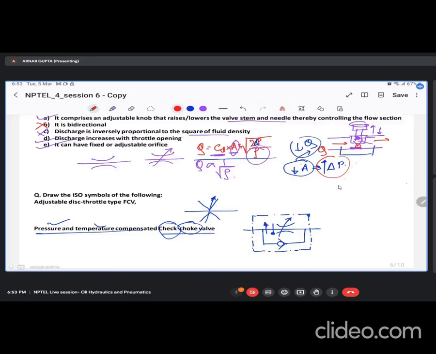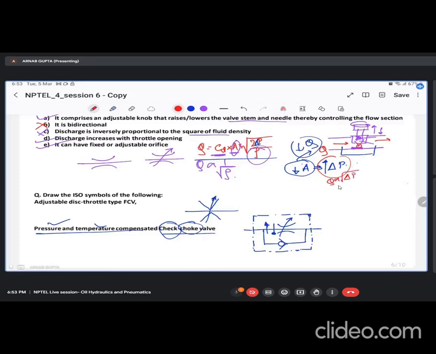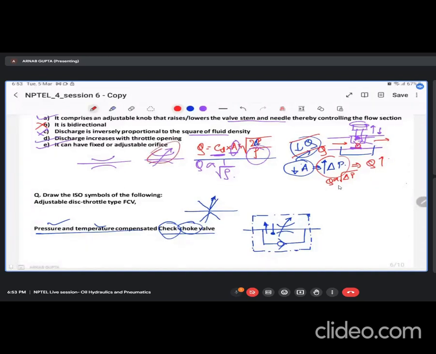And as we know that Q is directly proportional to root over of delta P, Q also tends to increase. But what we actually wanted was for Q to reduce, and that's why we reduce the cross section, by using some sort of adjustments. So this is something undesirable.